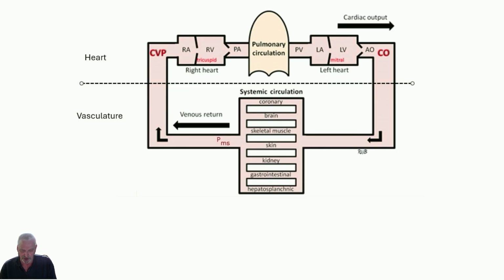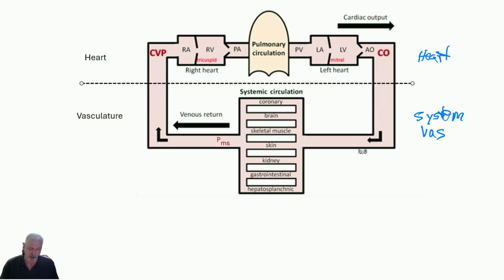And from the point of view of cardiac output and venous return curves, we're going to assume everything above the dotted line is heart. So that's the right heart, the left heart, and the lungs. And the systemic vasculature is related to what happens with venous return curves.